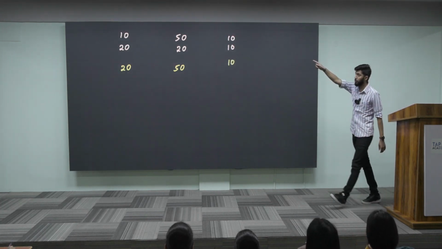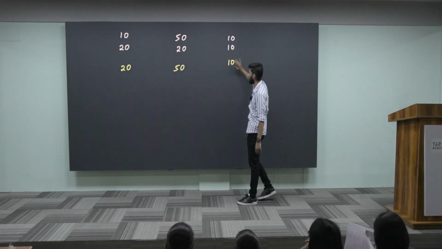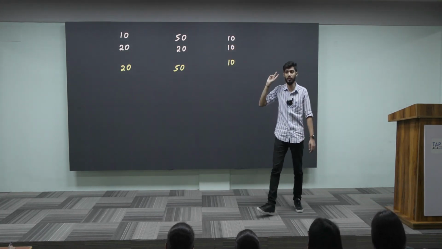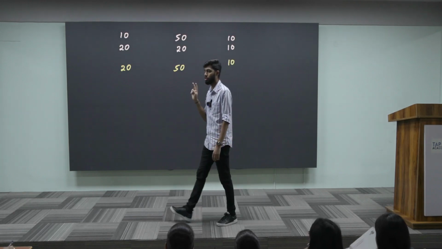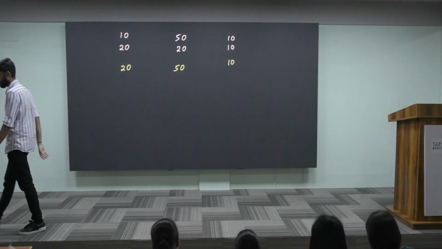So if that is the input, 20 should be the output. If this is the input, 50 should be the output. If this is the input, 10 should be the output. So you will be given two integer values. You are supposed to print the maximum integer value. Please write the code.